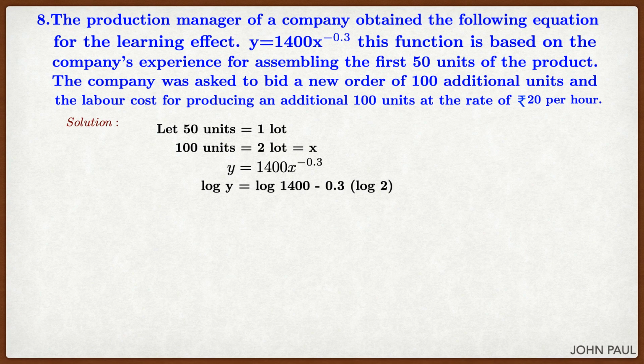Here we used log mn formula equal to log m plus log n. Then afterwards we used log m power n equal to n log m. For log x power minus 0.3 we get minus 0.3 log 2. X is replaced by 2 because we took 2 lot equal to x.